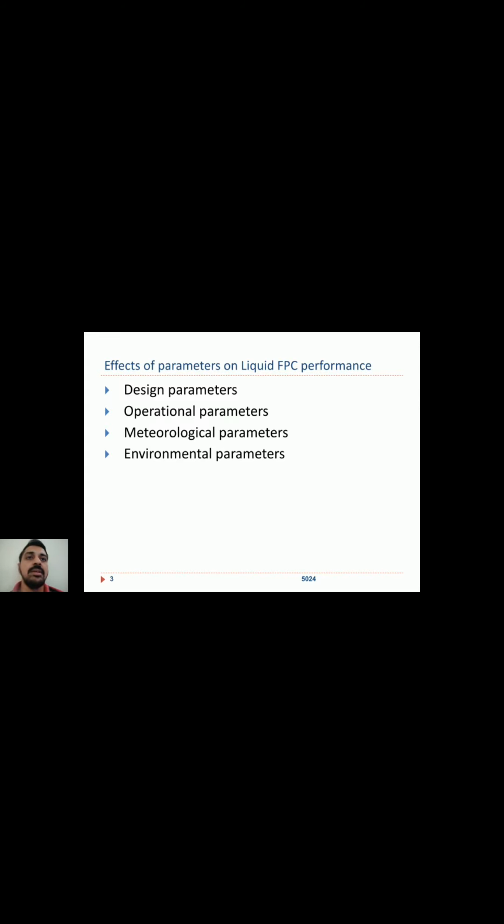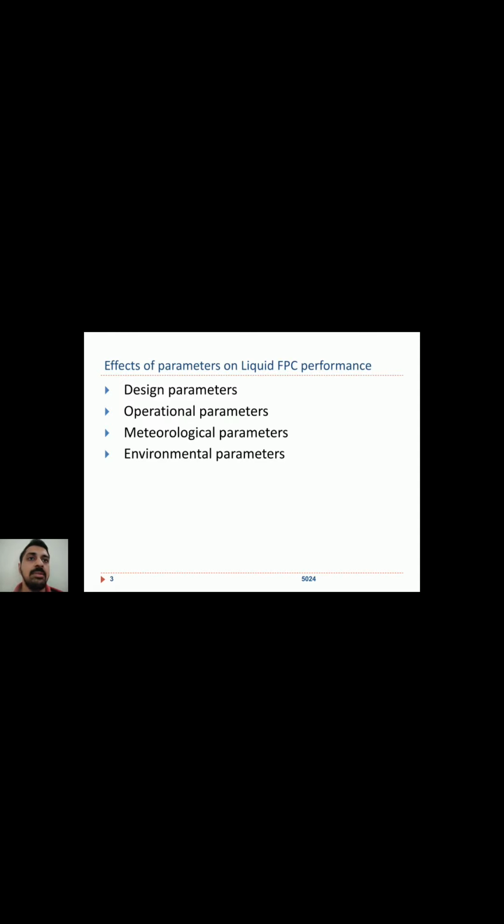We will see the 7 important parameters among these 4 in detail in the coming slides. How the design of a liquid flat plate collector affects the performance in the long run. Then operational parameters, like the solar energy falling on it and the various parameters when it is in operation.